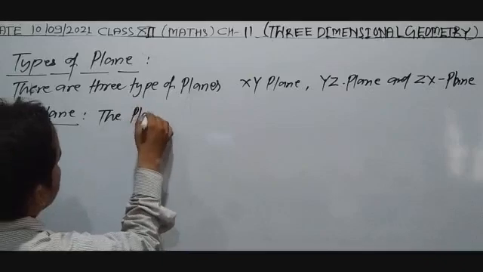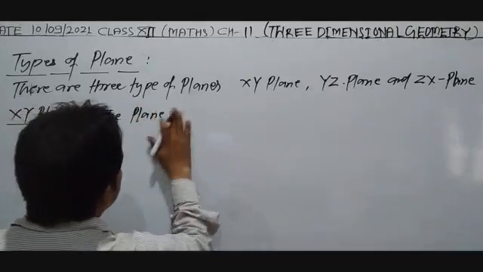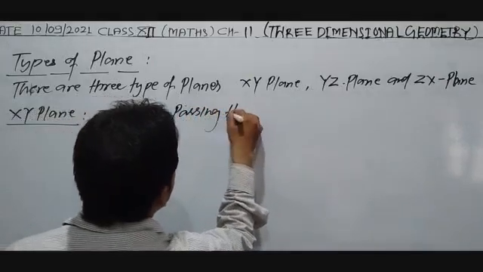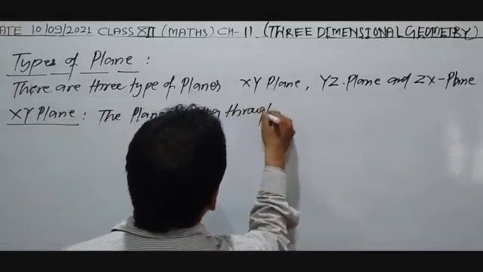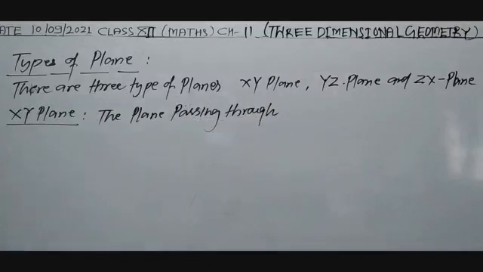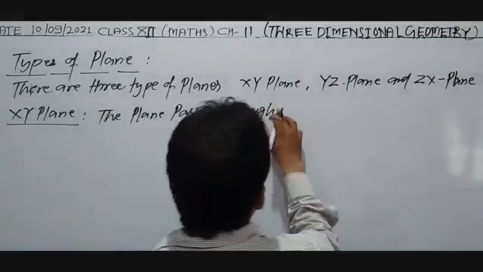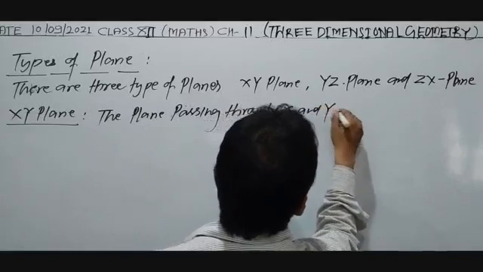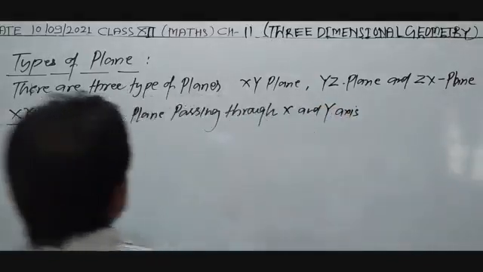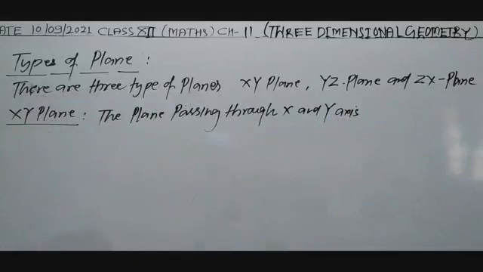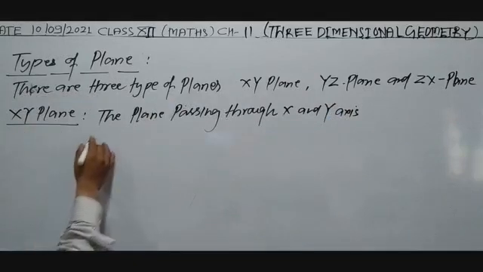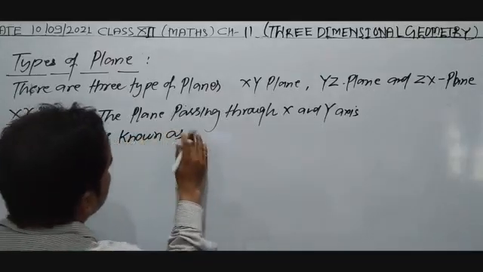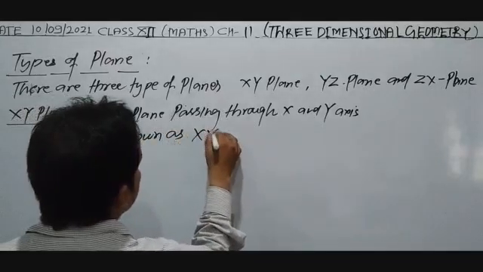The plane passing through the x and y axes is known as the XY plane.